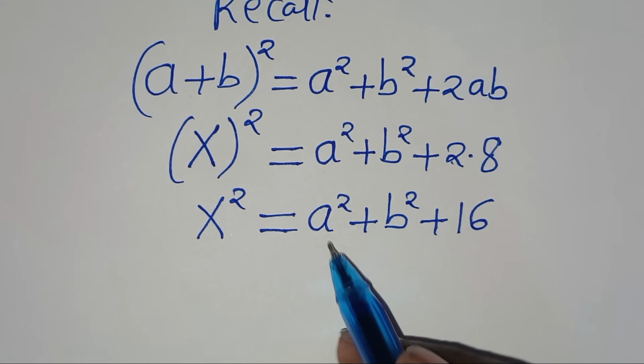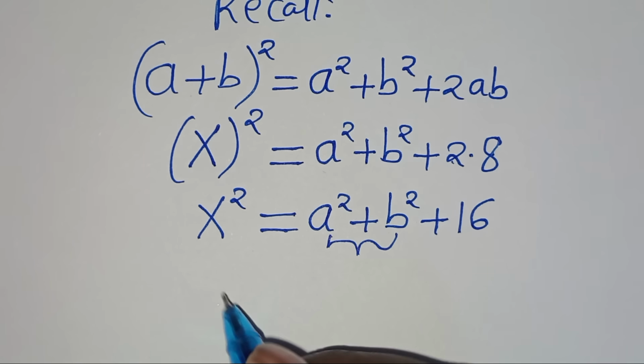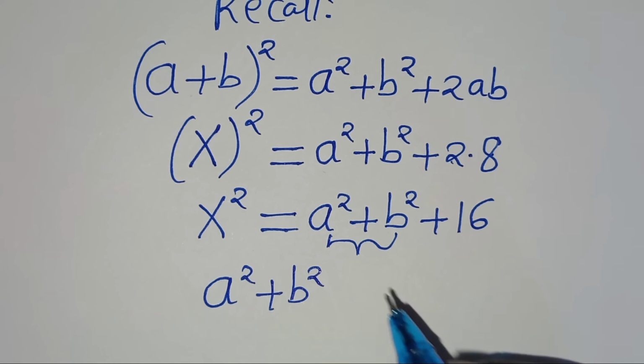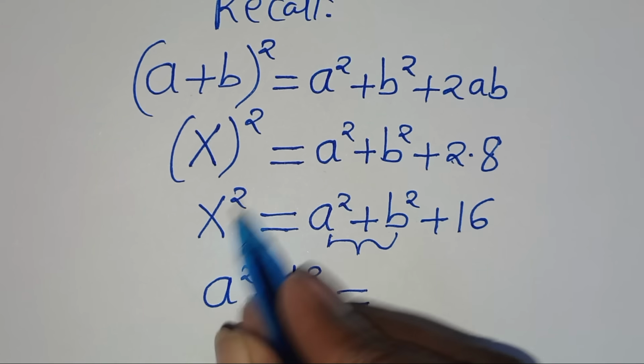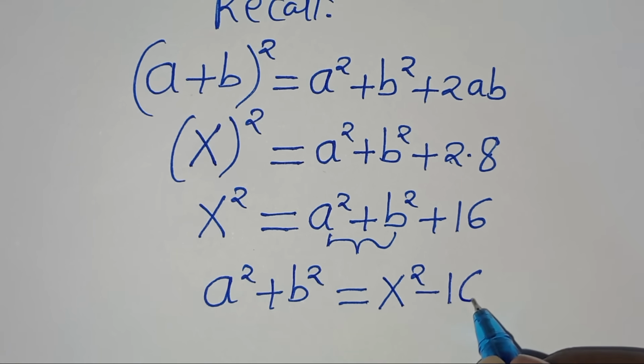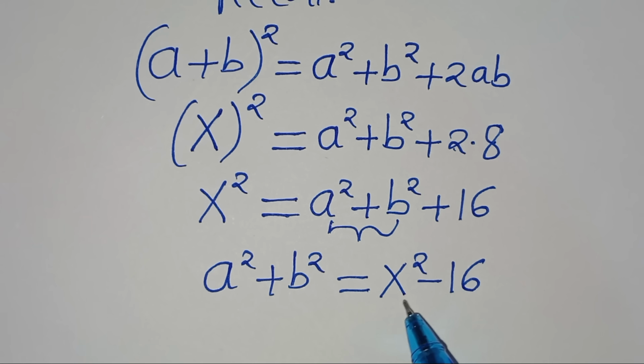Now, let's make a squared plus b squared the subject of the formula. So this means that a squared plus b squared is the same thing as x squared minus 16.